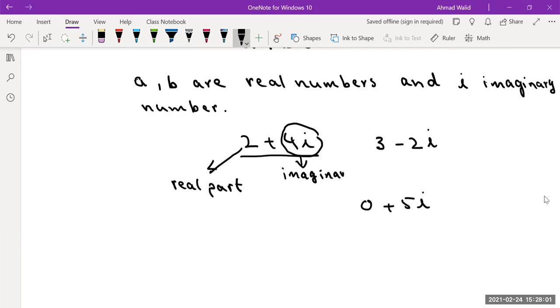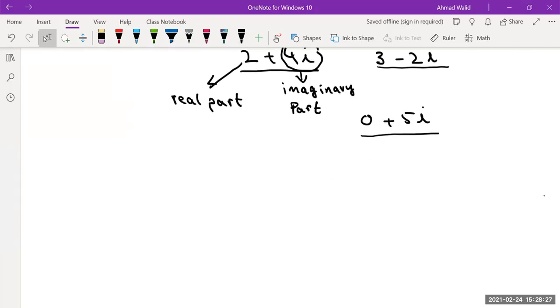In the example 3 minus 2i, 3 is your real part, 2i is your imaginary part. In the example 0 plus 5i, 0 is your real part, 5i is your imaginary part.